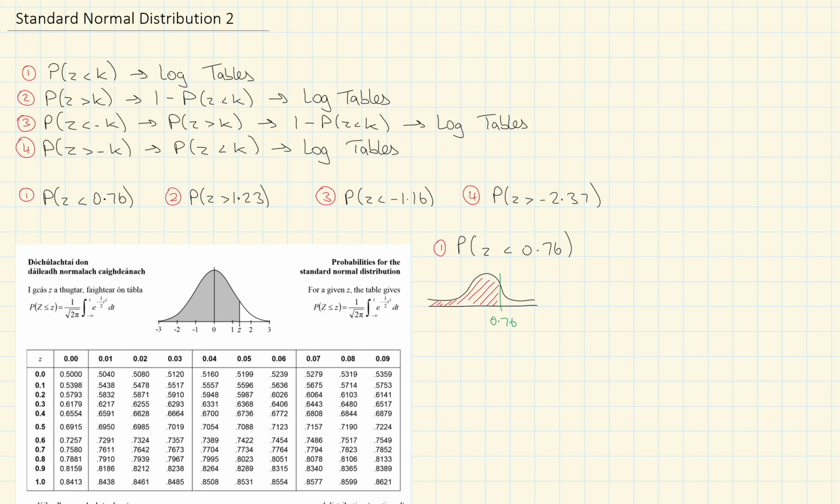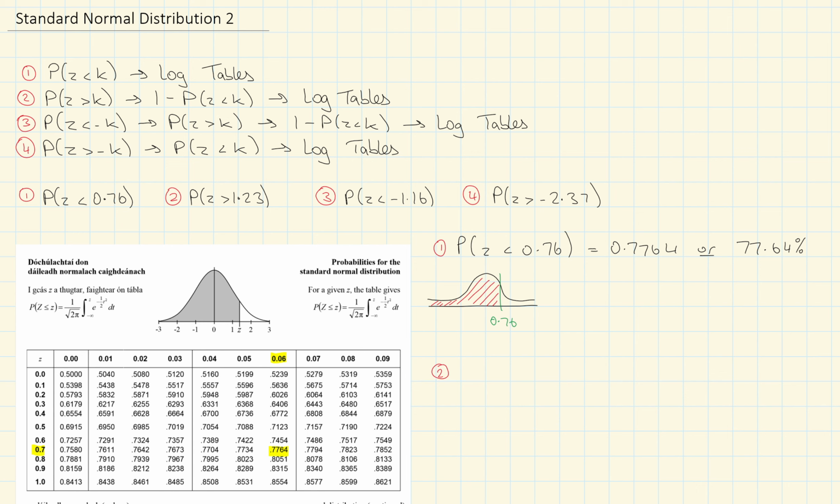So log tables, we want 0.76 gives me 0.7764. Okay, and that's part 1 answered.